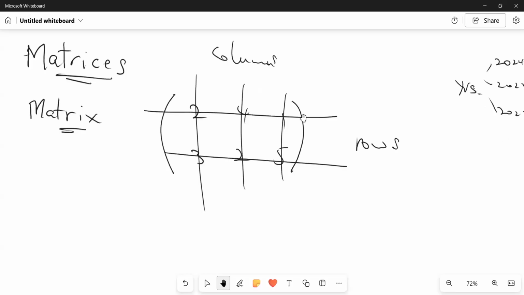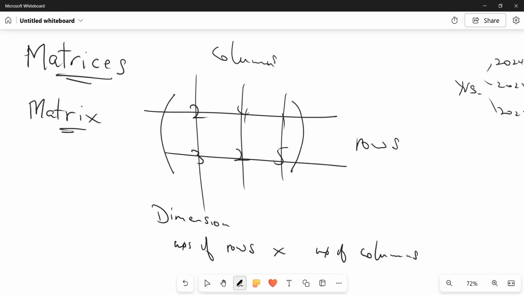So we talk about matrices having rows and columns. There's something called the dimension of a matrix, right? The dimension of a matrix is really a statement of the number of rows by number of columns, right?